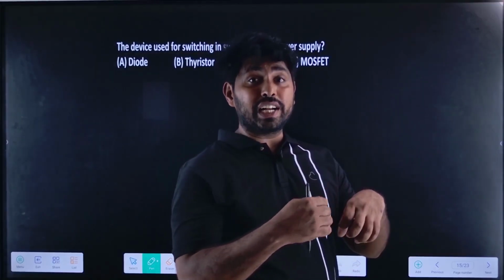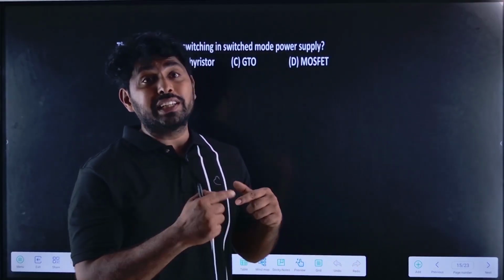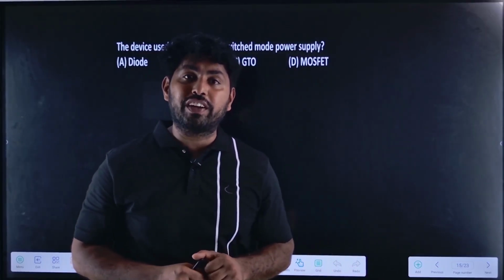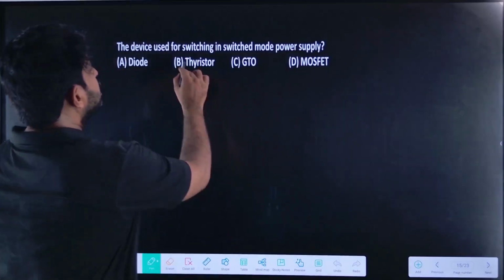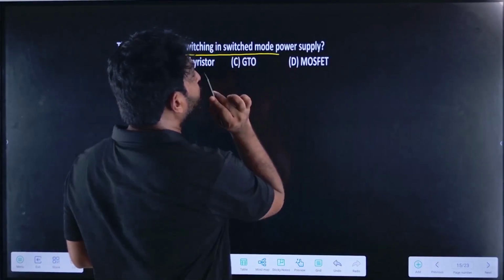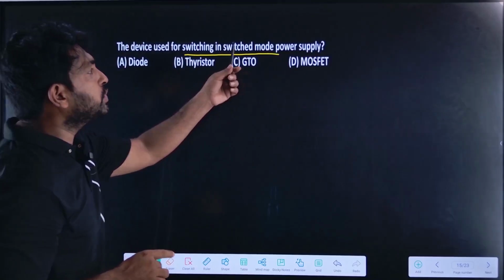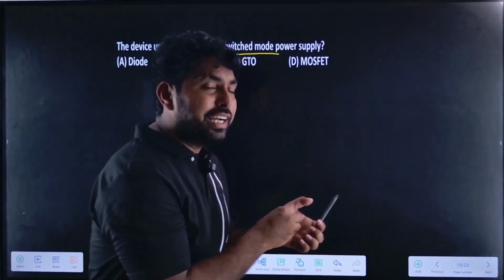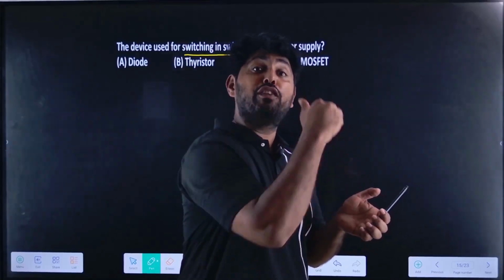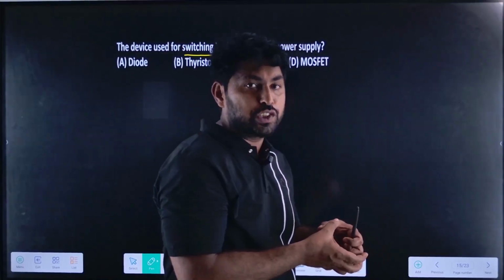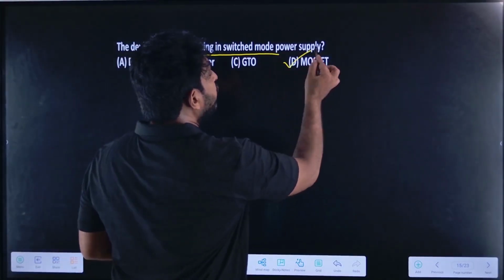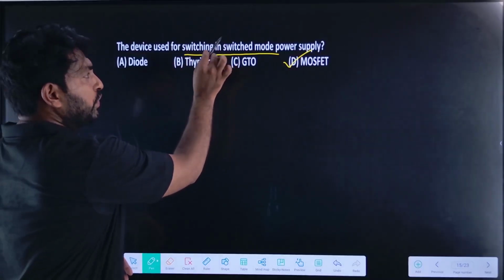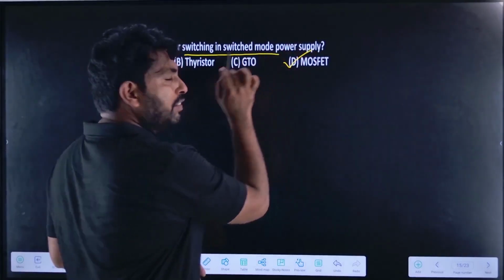To reduce the isolation transformer size, the switches are operated at high frequency. The switches generally operating at high frequency are MOSFETs, and these are used in switch mode power supplies, which use isolated DC to DC converters. So the device used for switching in a switched mode power supply is the MOSFET.